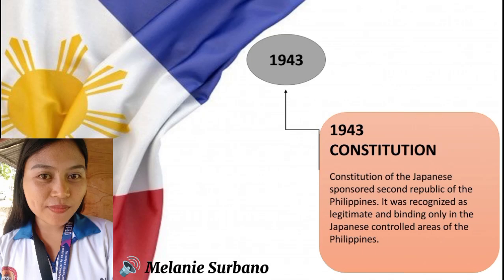The 1943 Constitution of the Philippines, enacted during the Japanese occupation, had key features such as a unicameral legislature and limited presidential power. However, its legitimacy was compromised due to Japanese control, leading to widespread resistance and distrust among Filipinos. The Constitution's lack of genuine sovereignty was a major issue, serving as a propaganda tool rather than reflecting the people's will.